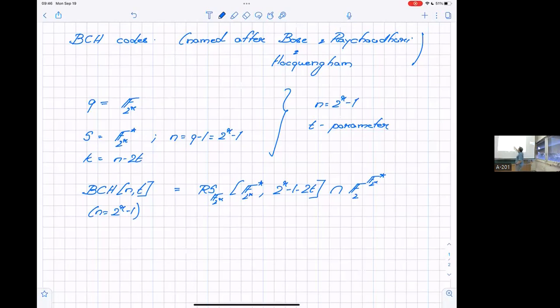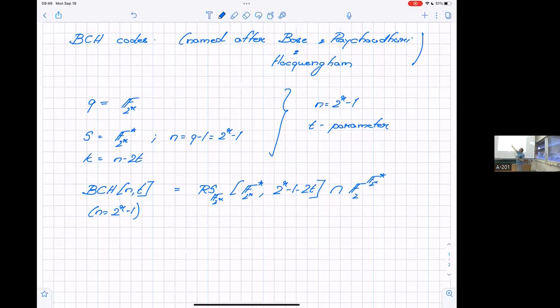Once again, what are Reed-Solomon codes? Reed-Solomon codes are the evaluations of polynomials of this particular degree, 2^r minus 1 minus 2t, over the whole multiplicative group. That's Reed-Solomon: take every such polynomial, evaluate it. But I'm now going to intersect. I'm going to take a subset of this. Which subset am I going to take? Some of these polynomials take values in the large field.